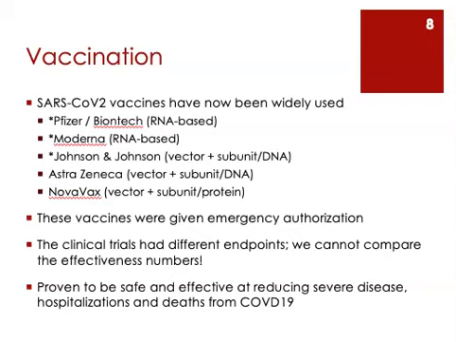You may have heard reports in the media of people who have been fully vaccinated who have still come down with COVID-19 and even been hospitalized and even died of COVID-19. These are referred to as breakthrough cases.